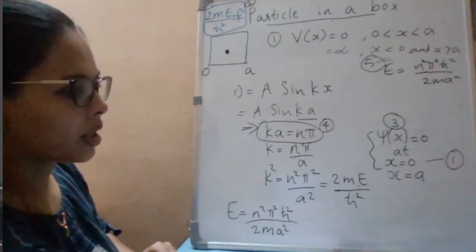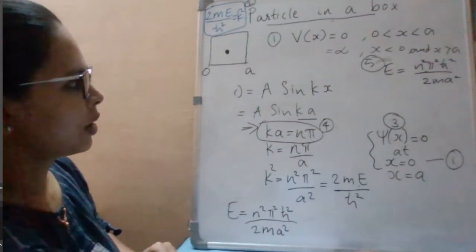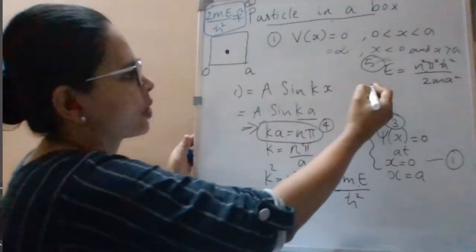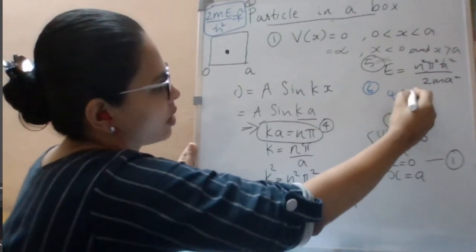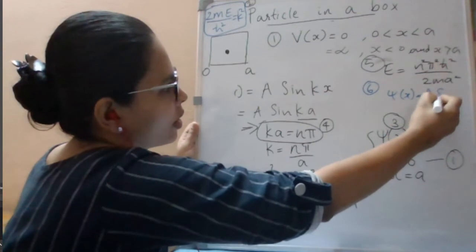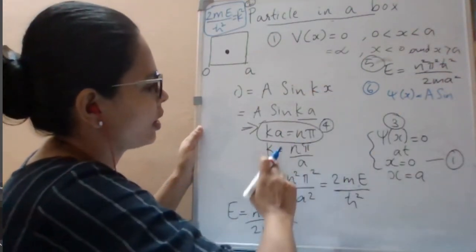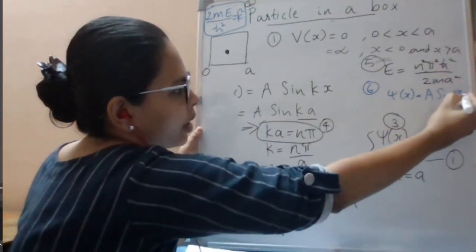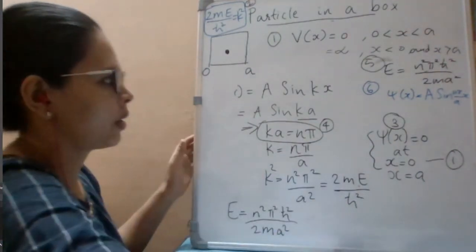So we can write it as n pi by a. This is the general equation. psi of x is equal to a sine of n pi by a into x.